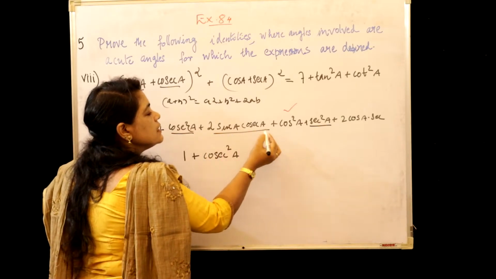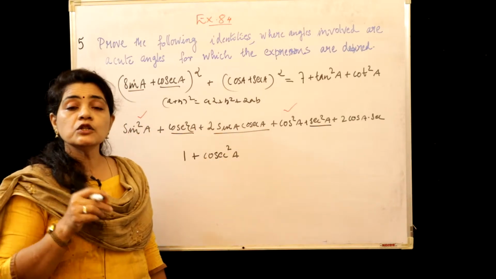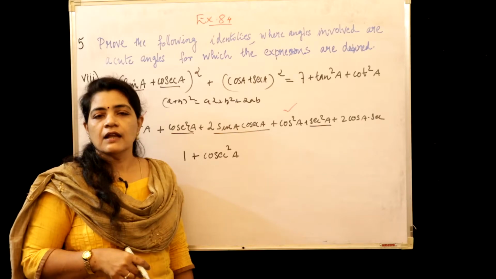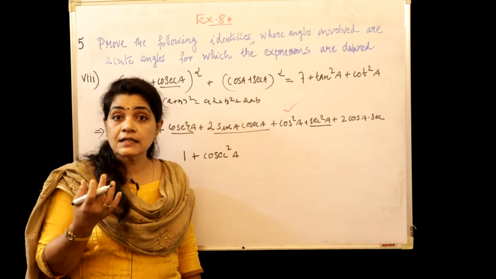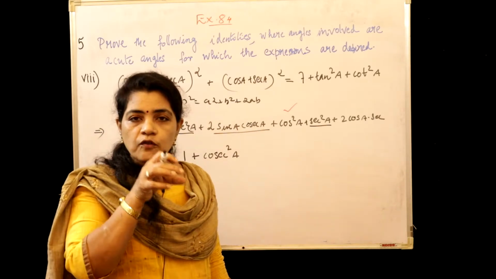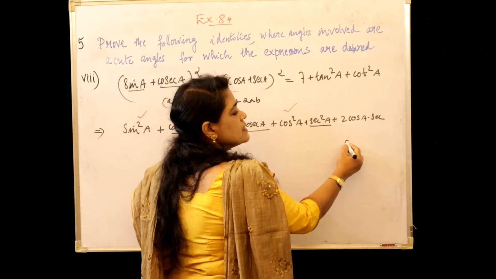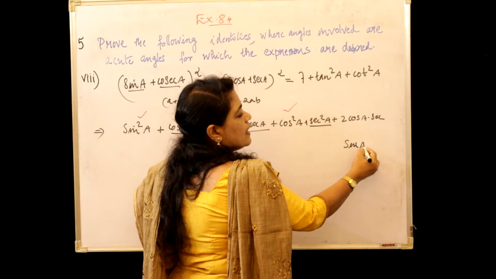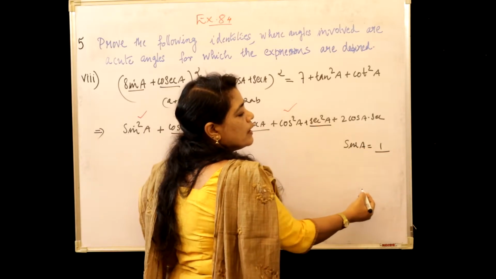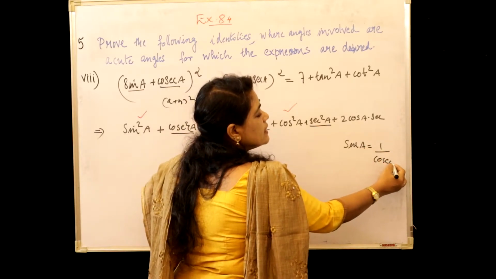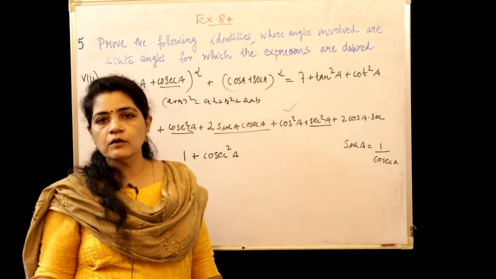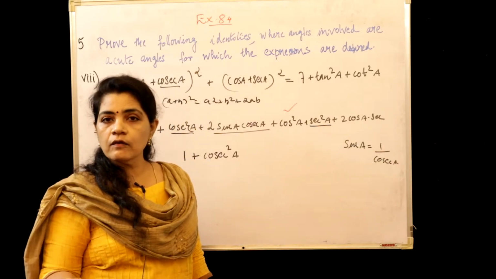And here, 2 sin A into cosec A: can we simplify? In the reciprocal relation, sin A is 1 by cosec A, or cosec A is 1 by sin A.